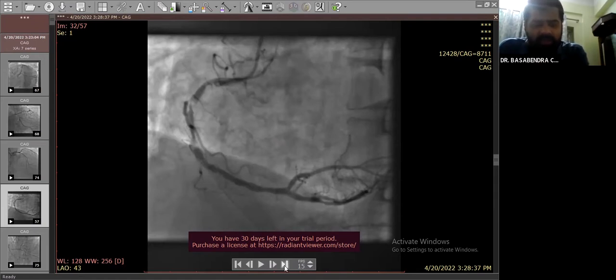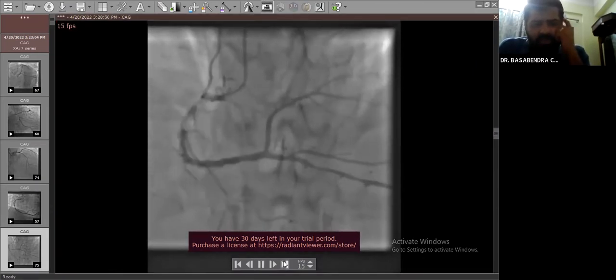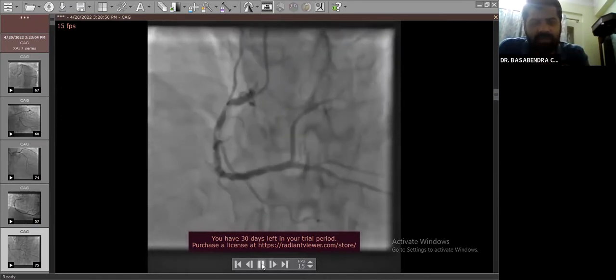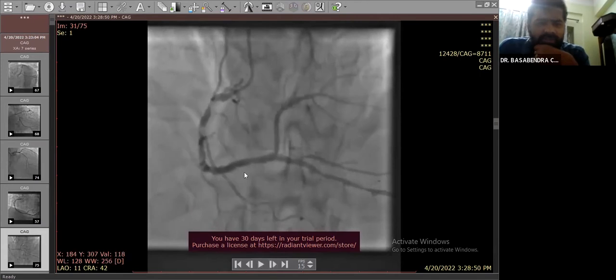Just as we were going ahead to do the PCI, we decided to take a good left coronary artery shot. This is the RCA cranial view, showing that the distal artery is relatively disease-free with large PDA and PLV branches.